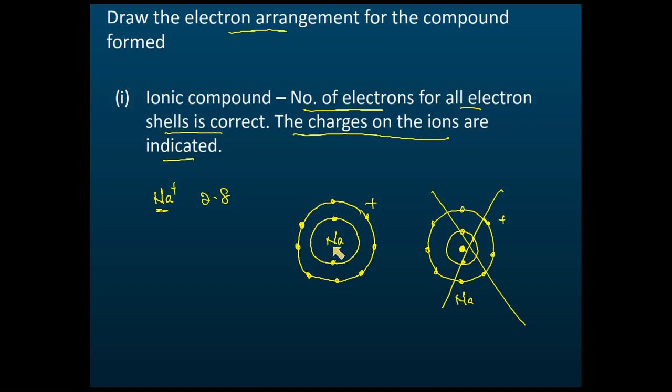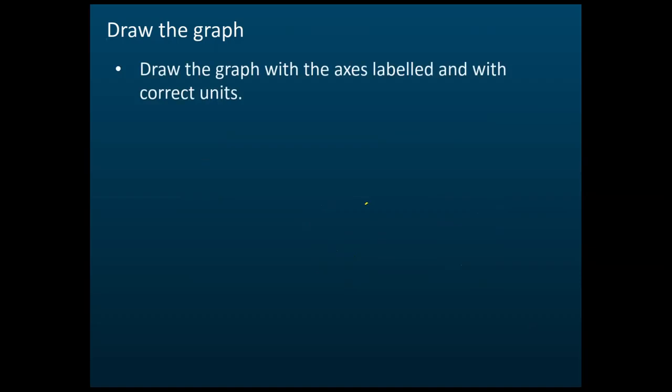Hui-Chen asked why it cannot be a circle, because the circle is used for shell. So just put the symbol in the middle, that's all. Don't circle it, don't put it below. So this is for drawing electron arrangements. Don't make this mistake again. Draw a graph. So when drawing a graph, draw the graph with axis labels and with correct units.